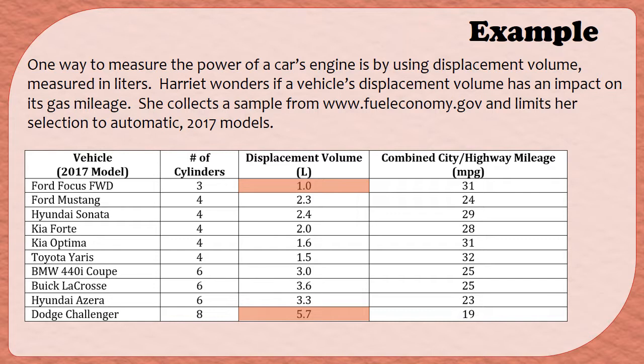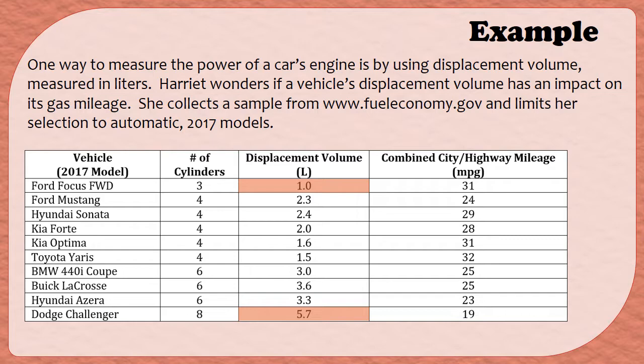So if I have a vehicle with a displacement volume of 0.9 liters, or maybe a displacement volume of like 6 liters, maybe, that would be within acceptable parameters. But if it's outside of this 1 to 5.7 range, or fairly far away from that, then that would not be appropriate.